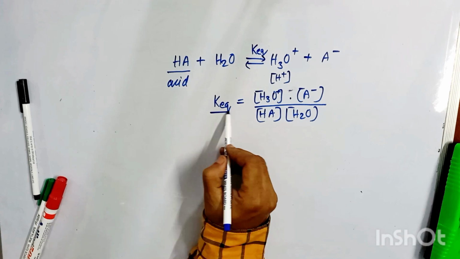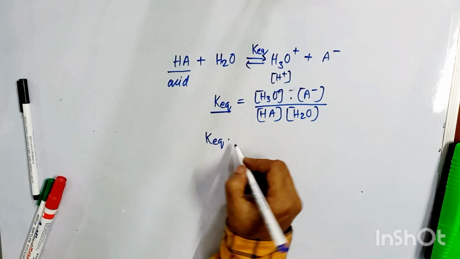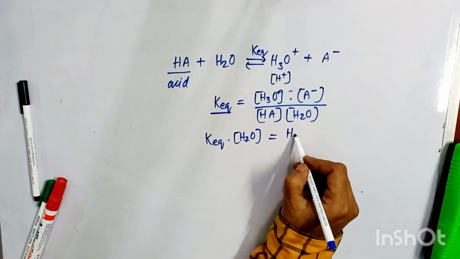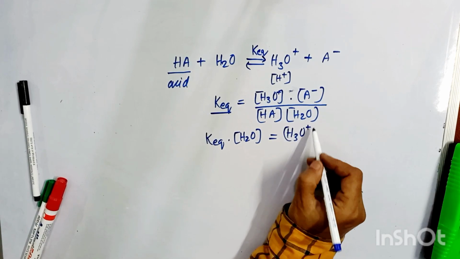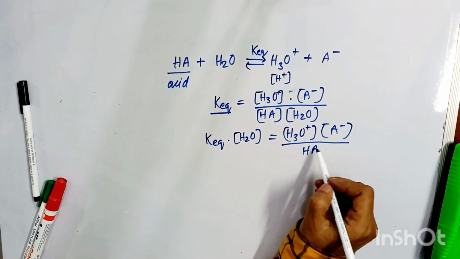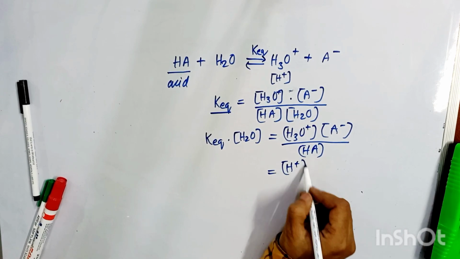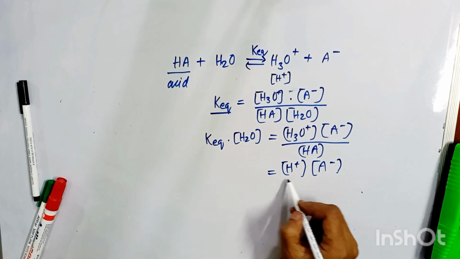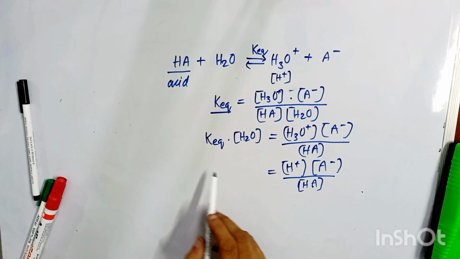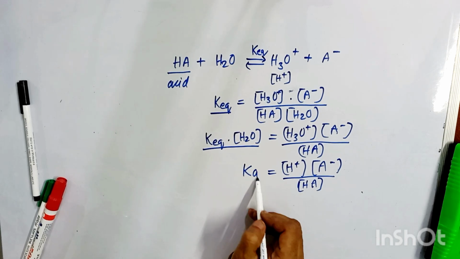And this equilibrium constant times the concentration of water, Keq times water concentration, becomes H3O plus A minus by HA, or it can be written like this: H plus A minus by HA, the undissociated form. And this is called the acid dissociation constant, Ka.